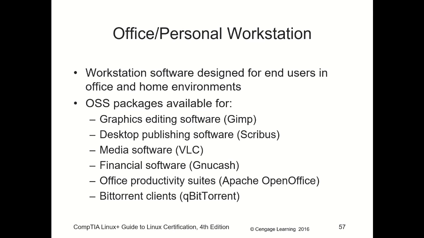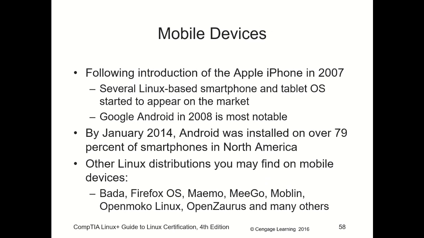Open source packages available include graphics editing software like GIMP, desktop publishing software called Scribus, media software like VLC, financial software like GnuCash, office productivity suites like Apache OpenOffice or LibreOffice, and BitTorrent clients like qBittorrent.